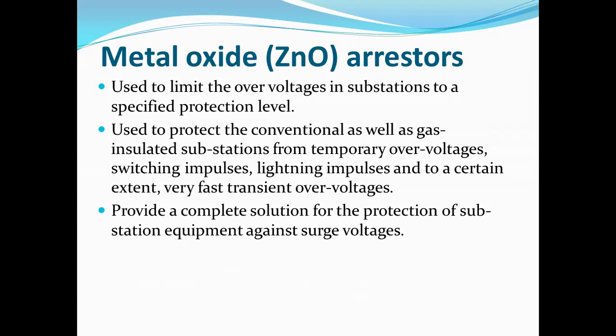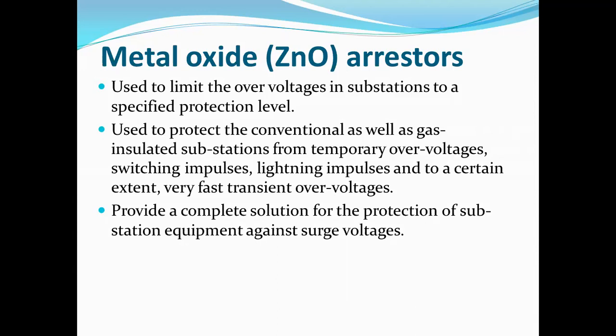These arresters are used to limit the over voltages in substations to a specified protection level, meaning only up to a certain level these metal oxide arresters are used in substations.